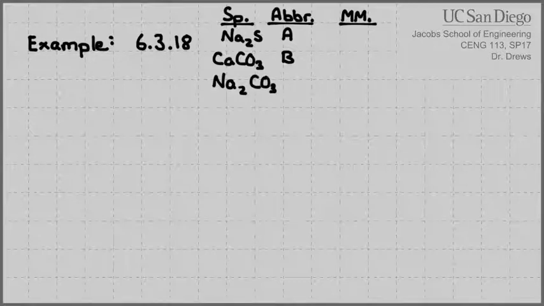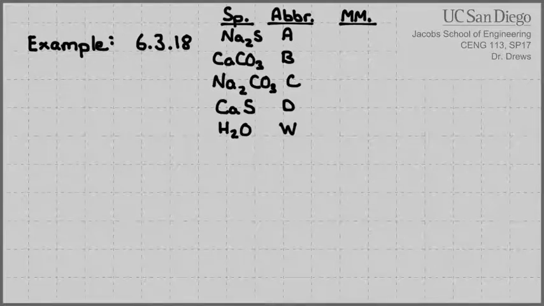I don't encounter that one on a regular basis, but at any rate, Na2CO3, we're going to call that species C. And then calcium with sulfur, that one I'm not sure. I don't think that's a sulfate or a sulfite. Again, not something I encounter on a regular basis, so not really sure what that is. And then we've got some water. I'll just call that W.